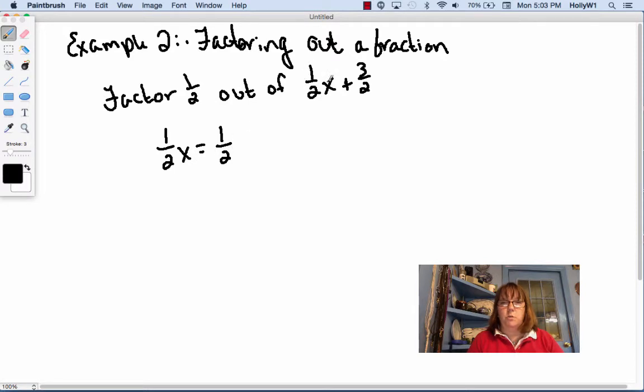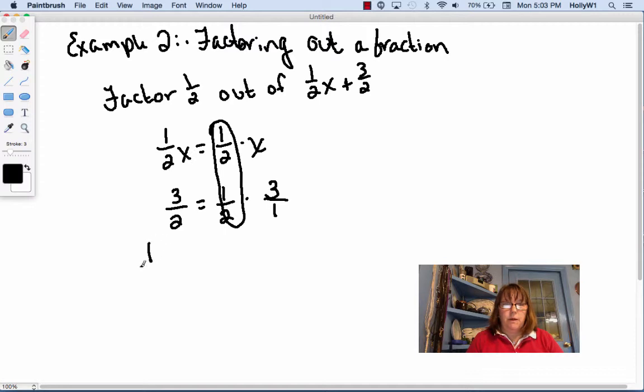If we took 1/2 out of here, we'd be left with x. Now 3/2 is a little bit more complicated. We're still taking out the 1/2. So we have to ask, what times 1/2 would equal 3/2? If we just multiply across, we're missing 3 on the top, and on the bottom we're missing 1. So it would be 3.